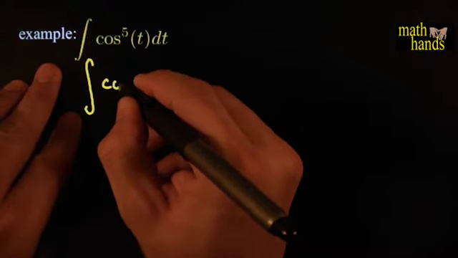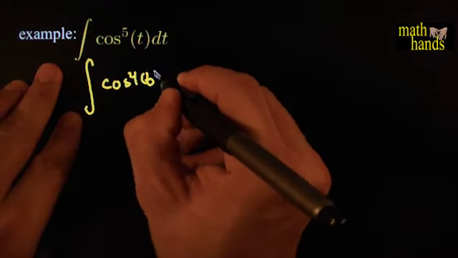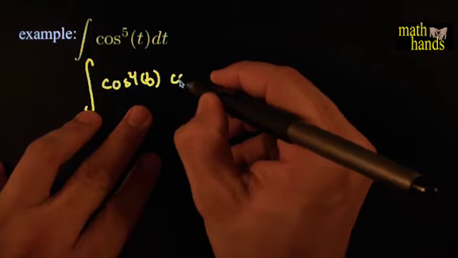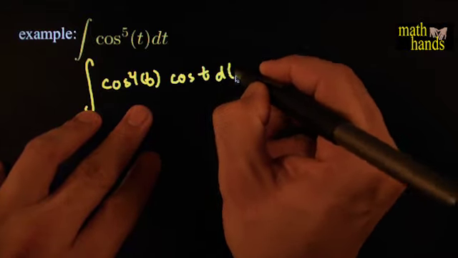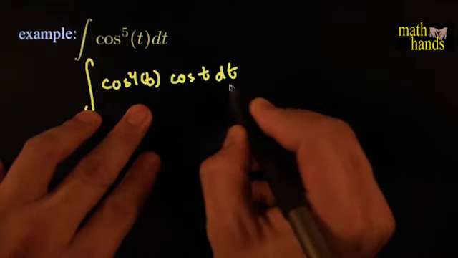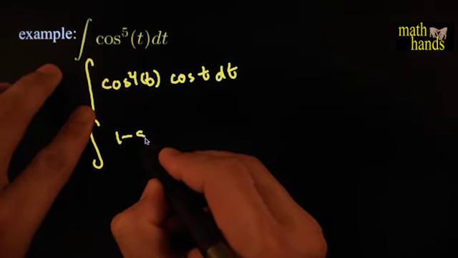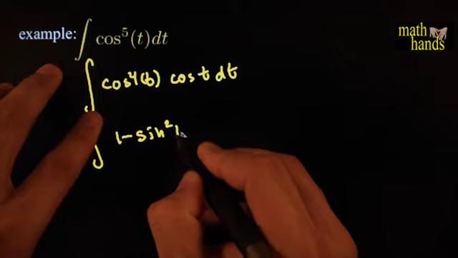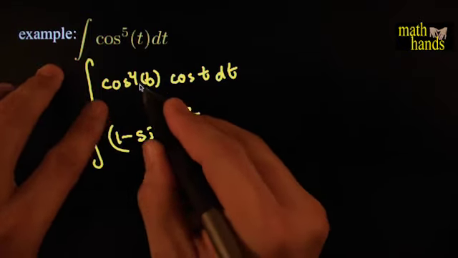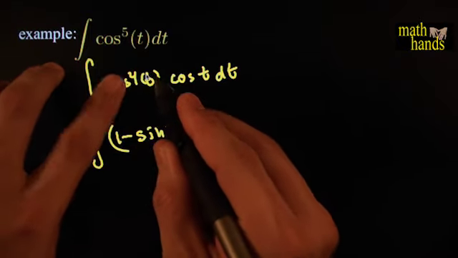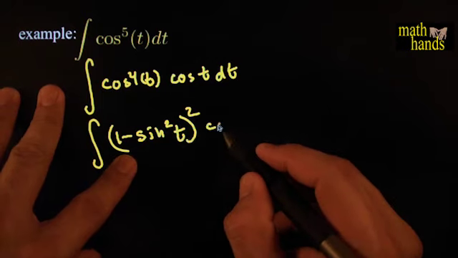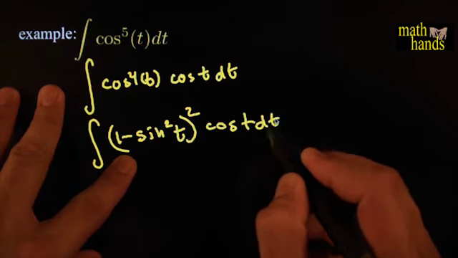What we do is we say, alright, this is cosine to the 4th t times cosine t dt, and what we're doing is earmarking this one to be the du. This one I want to exchange for sine, so I'll go 1 minus sine square t, and that's squared because that's to the 4th, so that's cosine square squared, and that would be times cosine t dt.